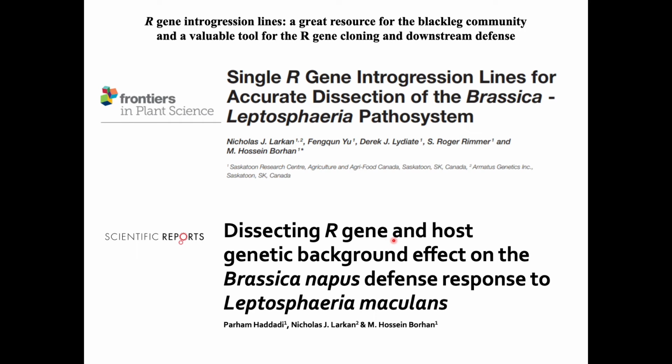We have very different origins in the same background, and we have the same origins in different backgrounds, for example, in Topaz versus WAS. We have published data showing at least some of the molecular events involved in this variation in response of origins or effect of the background, the effect of the host.